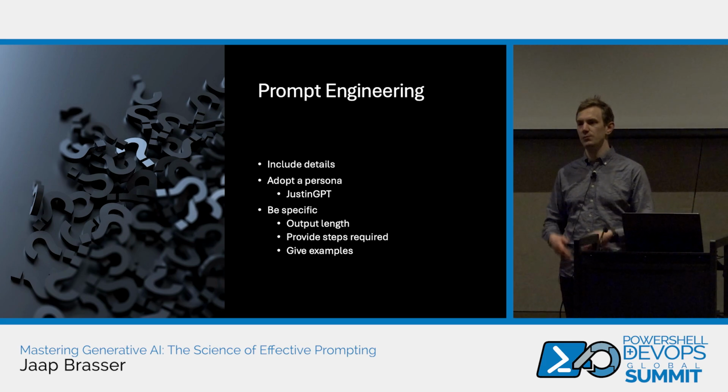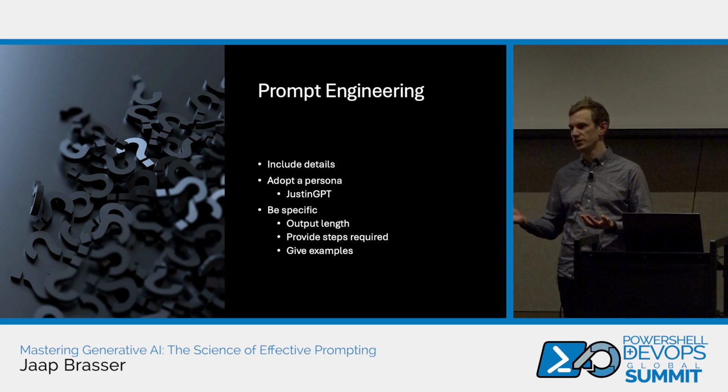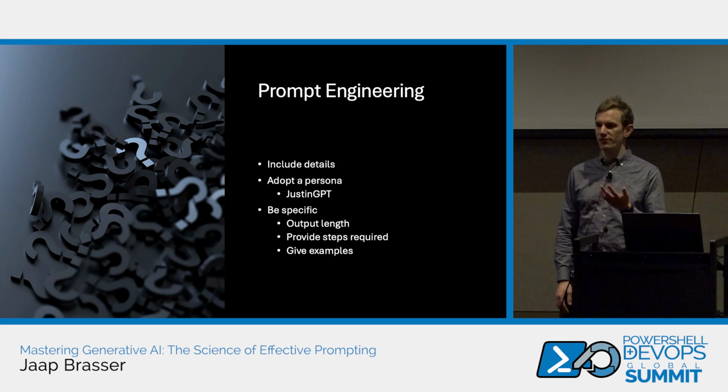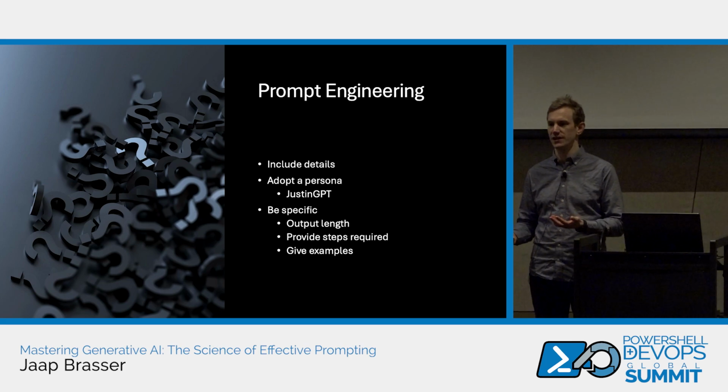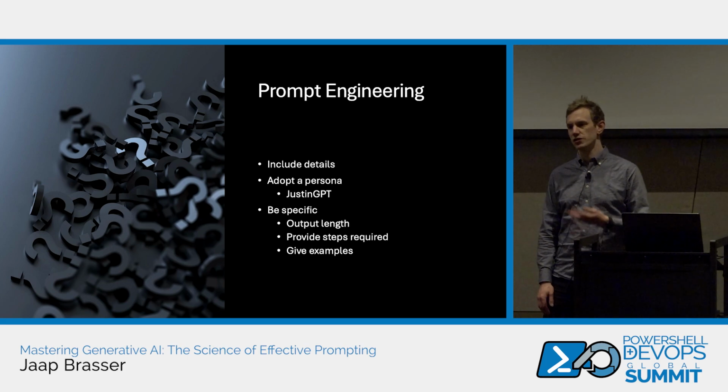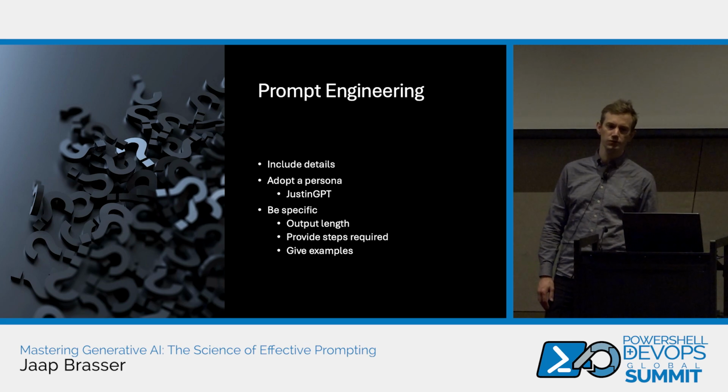Instead of immediately asking it to provide you with code or documentation or a description, verify that it understands your request. You can do that, for example, by saying: before answering, confirm that you understand the request, or before answering, ask me a question if it helps you clarify what I'm trying to achieve. Those are all techniques that can help you get better results and better output.